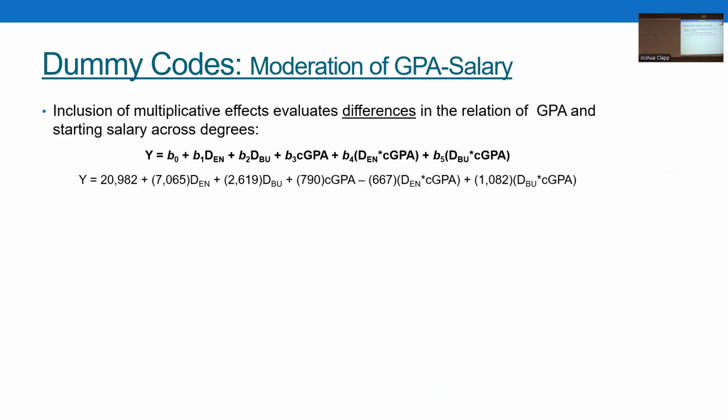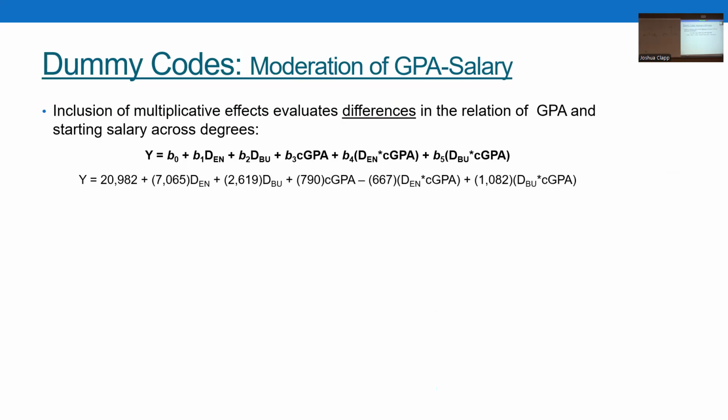Engineers sort of need to get all A's to make money at the end of the day. Nope, not really, right? C's get degrees, right? It's about getting out on the other side. It's possible, versus if you're a liberal arts major worried about that straight A's thing. So it's possible that the relation between GPA and starting salary differs depending on what degree you finish with, okay? And that's what we're looking at here, right?